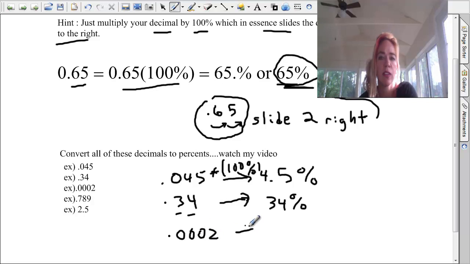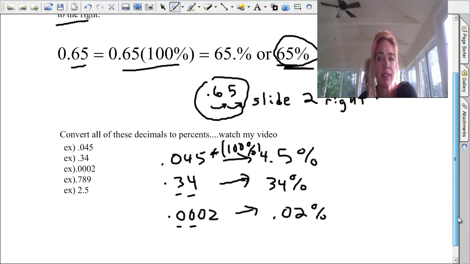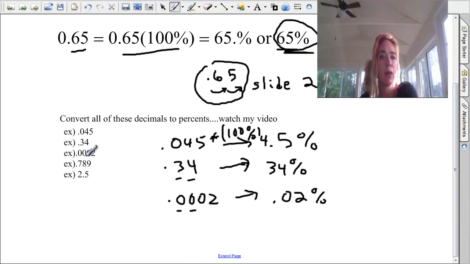0.0002. Now let's convert that to a percent. So hopefully you're thinking slide 2 digits to the right. So if we do, we'll have 0.02%. Now realize that that's a sliver. That's less than 1%, a sliver of a percent. All right, so you can have a tiny little percent like that. Next one, 0.789.